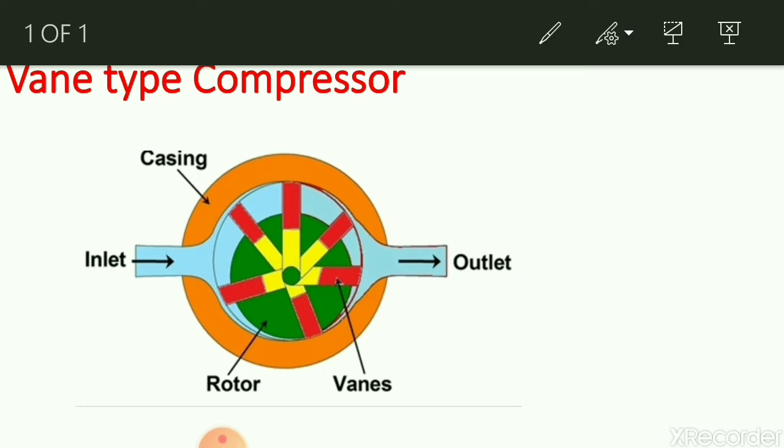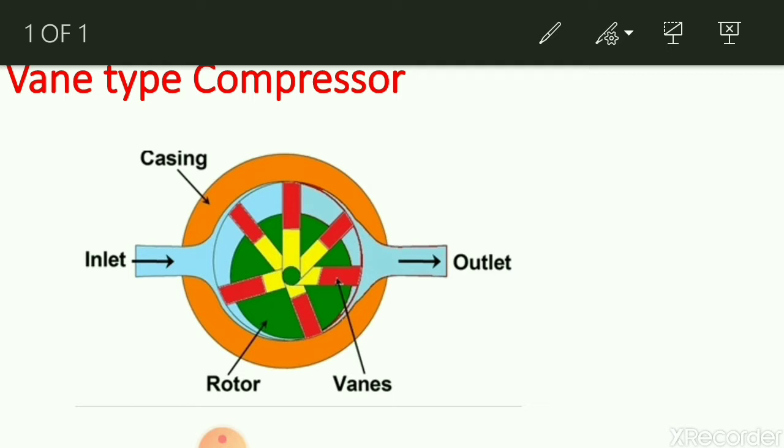So when the atmospheric air enters into the casing of the vane type compressor, that air is trapped in between the vanes, and because of that the compression is carried out, and during the compression the pressure of that air is increased.